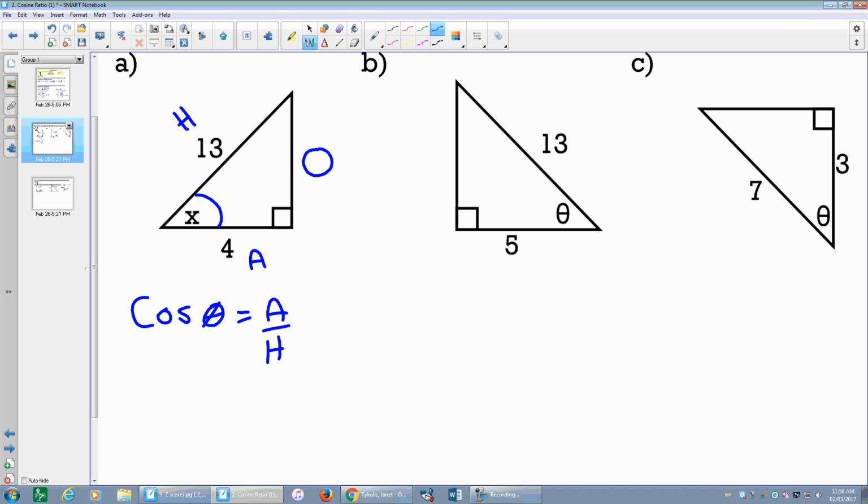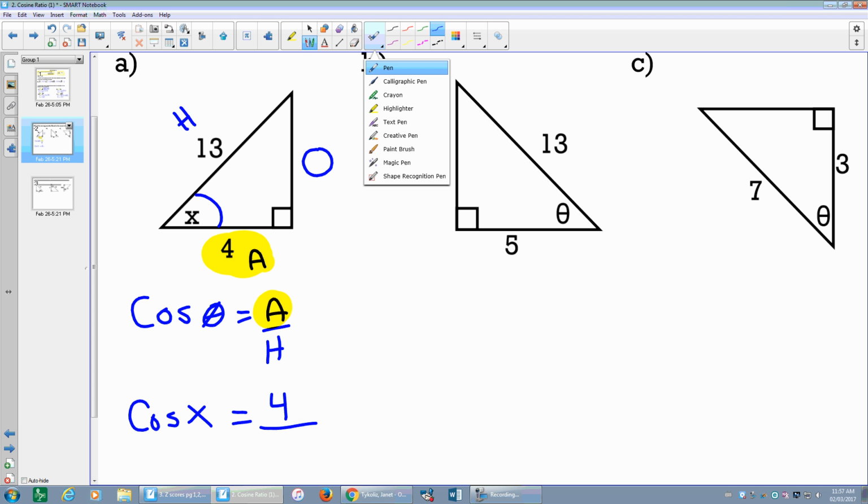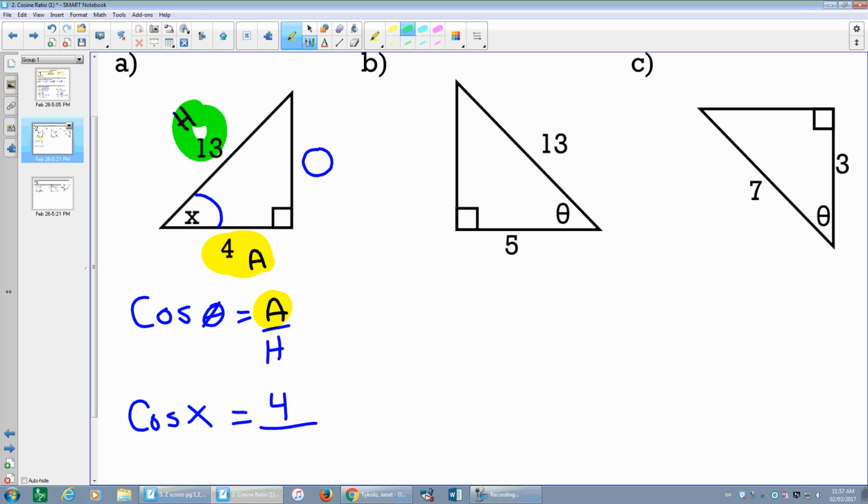So when I plug everything in, cos theta, where theta here represents x, is equal to my A side, which I've labeled on my triangle, which is 4. So I'll write 4 over my hypotenuse, which I've labeled H, and it's on the bottom here, so I will write 13.